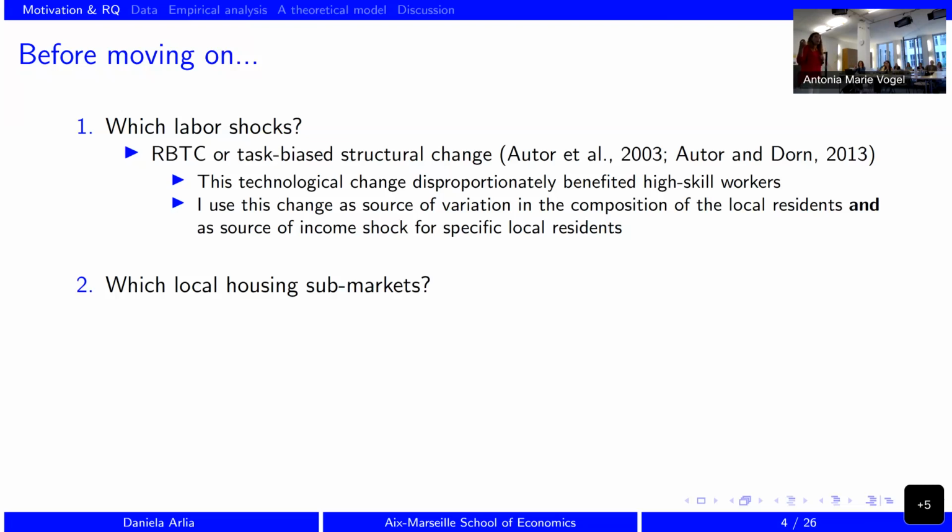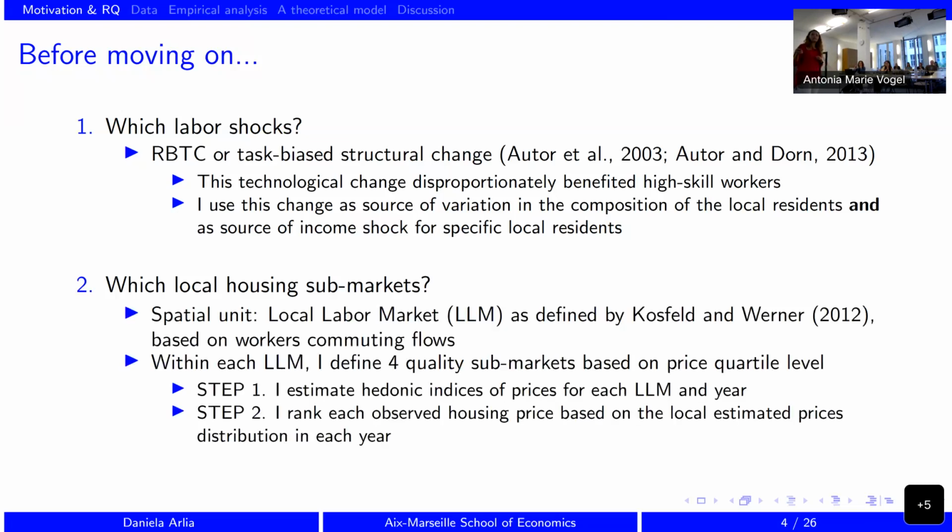Which type of local housing submarkets am I considering? My spatial unit is the local labor market, as formalized by Kosfeld and Werner, which is based on workers' commuting flows. The country I'm going to analyze is Germany, and for Germany we have 401 local labor market units.